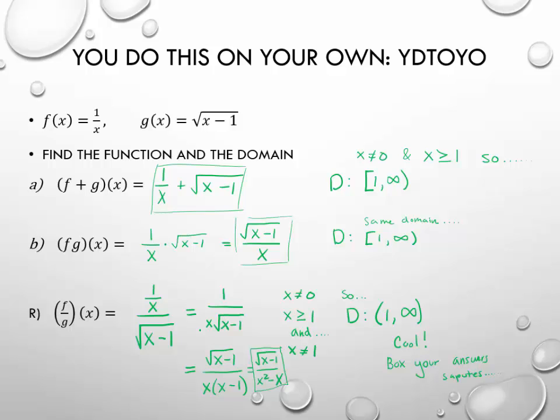That's a donut. So it's redundant to state things twice. So your domain would be from 1, including 1, to infinity.